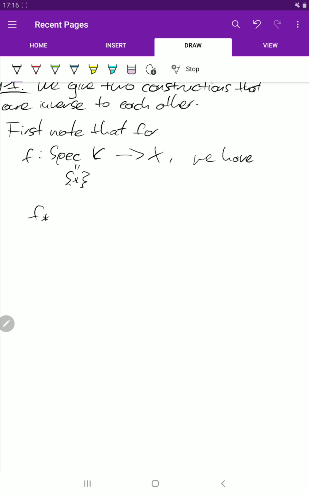And then we look at the push forward of the structure sheaf, or the direct image, which we'll see is the skyscraper sheaf at x. We'll see shortly what x is.